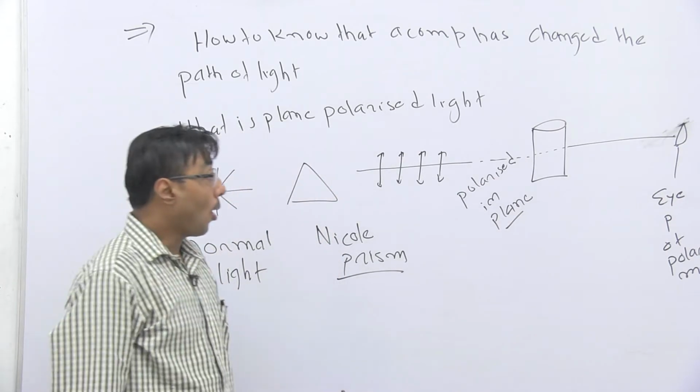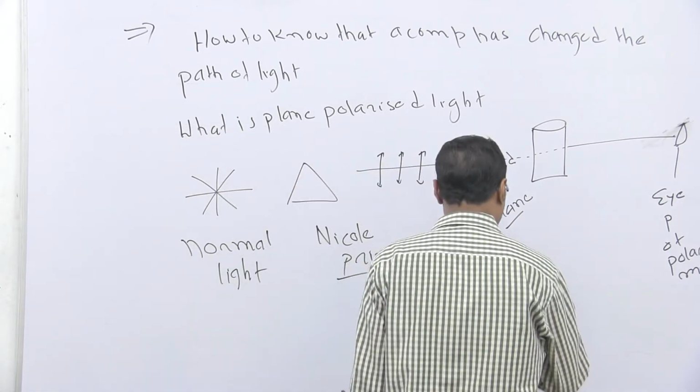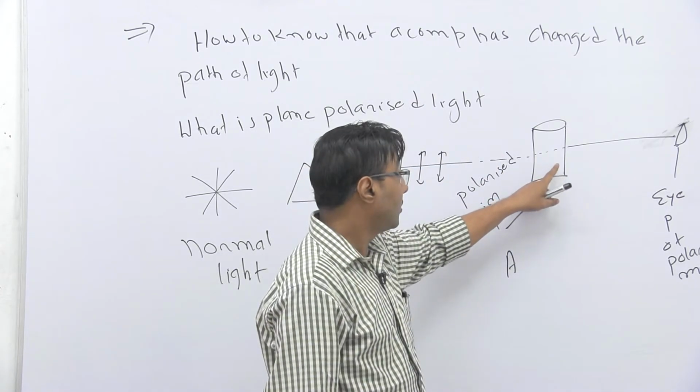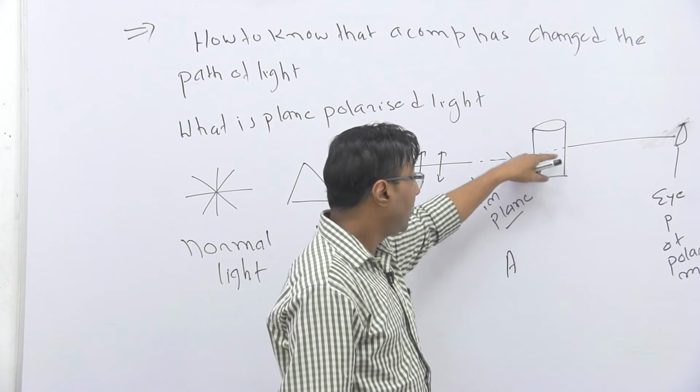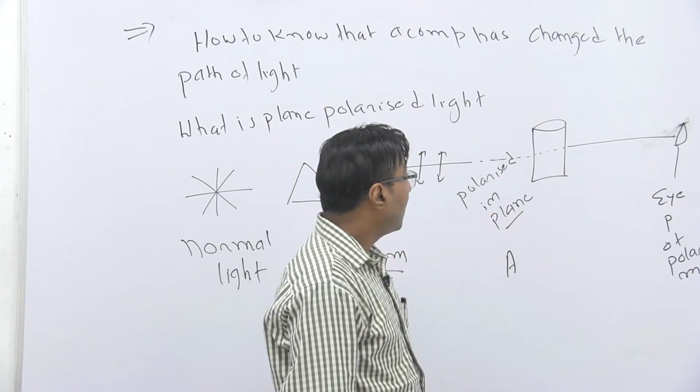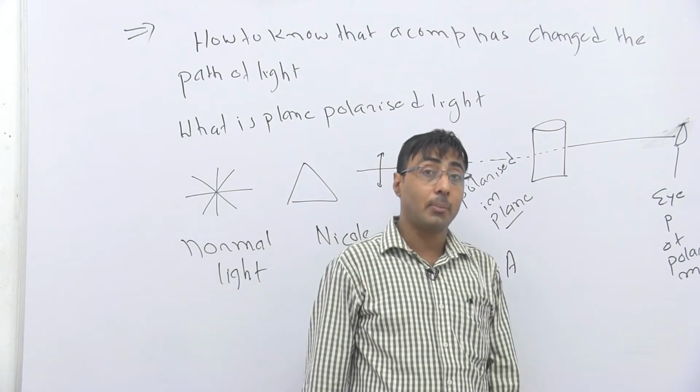Now we take a chemical A, and pour it in this, and we keep it in this jar. An aqueous solution of this A has been kept in the jar. Now from here two options can be there.